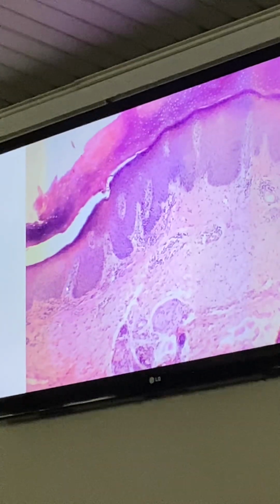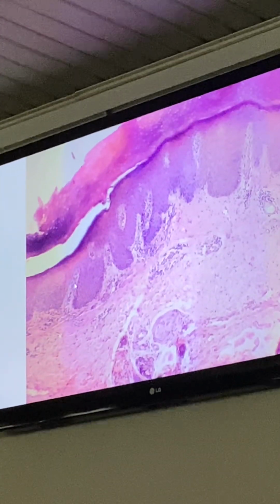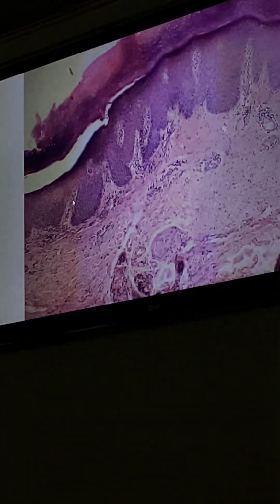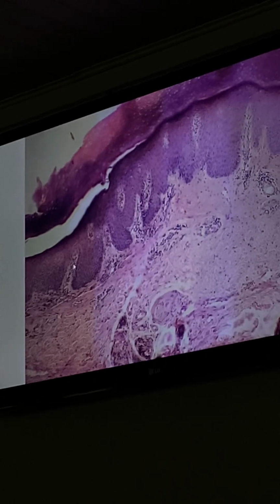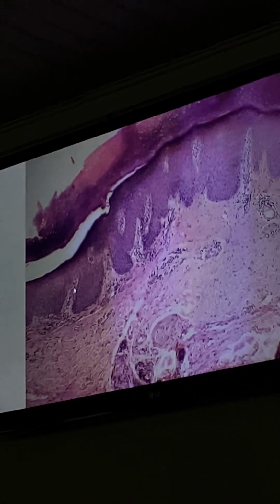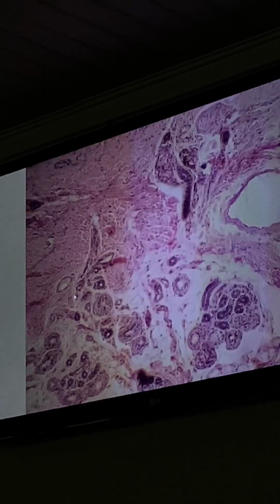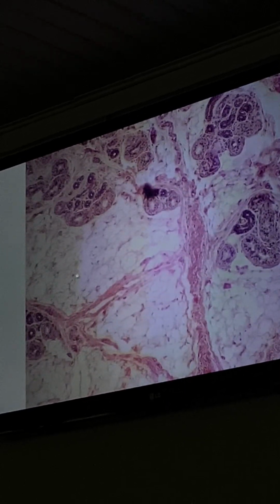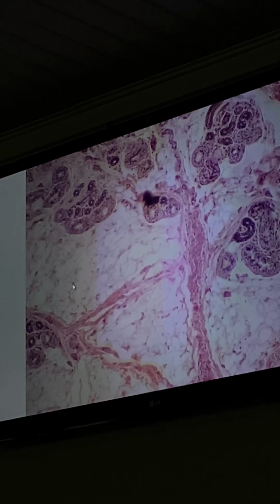This is the papillary layer of the dermis, consisting of type 1 and type 3 collagen fiber and has cells, fibroblasts, mast cells, and other leukocytes. Any question on the slide? This is the subcutaneous layer. Stain is H&E.